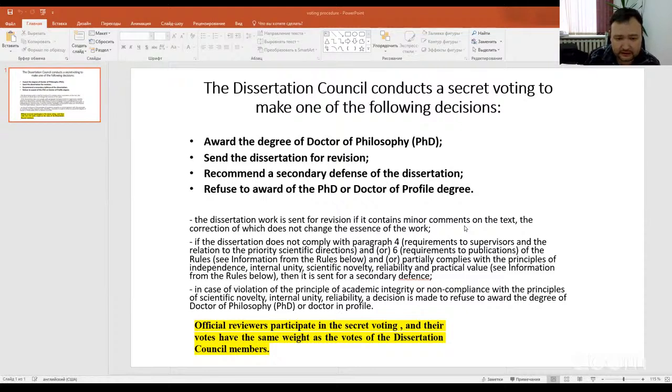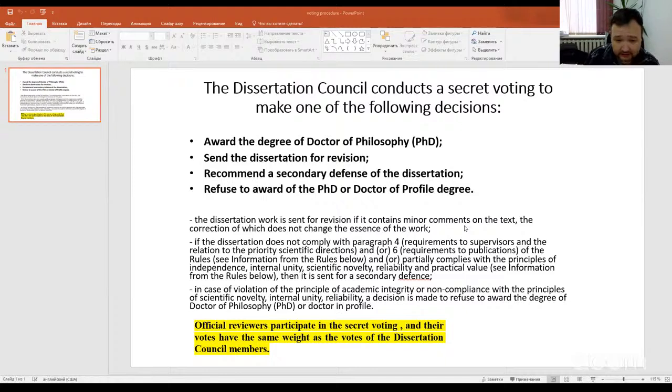The final one is to refuse to award, in case we find during the defense some violation of the principle of academic integrity, like you see here, if there is plagiarism or serious problems with originality, logic, and reliability, and so on.